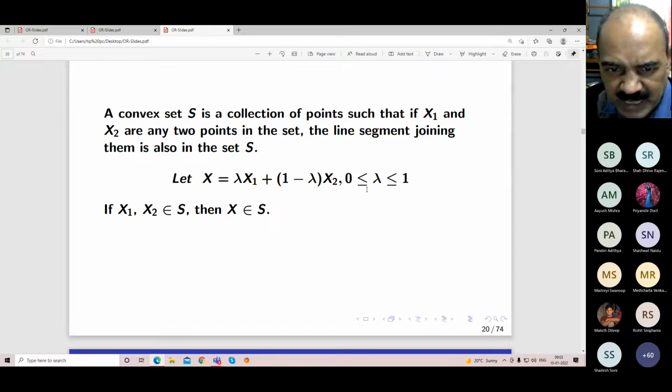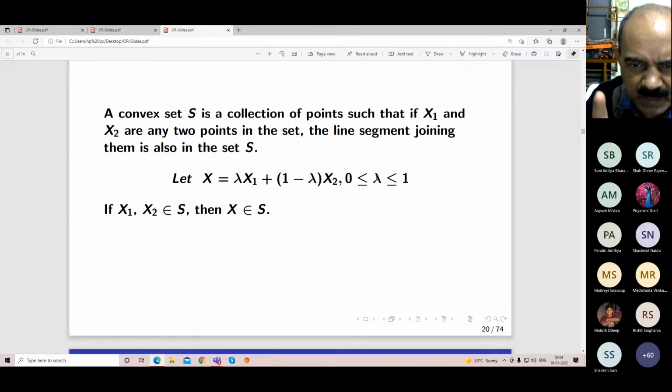Once I set lambda equal to 0, x is becoming B. Once I set lambda equal to 1, x is becoming A. So if you consider lambda in between, let me say lambda equal to half, then you will find the middle point.